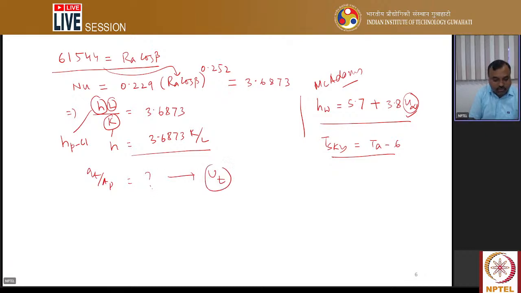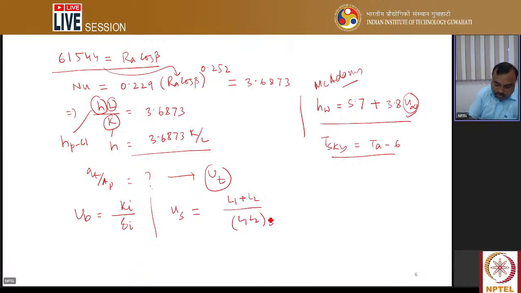Once you know UT, UB we know, which is defined by the thermal conductivity of the insulation and its thickness, something like Ki by delta I. And for US, the side loss coefficient, we can write (L1 plus L2) divided by (L1 into L2) into delta S, and this is H, then Ki.